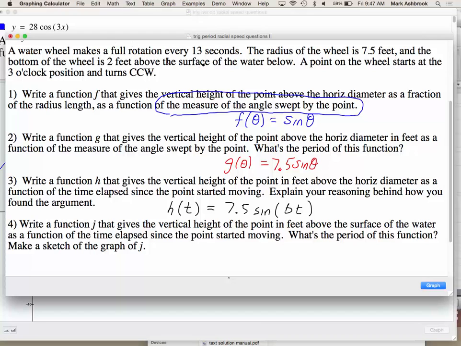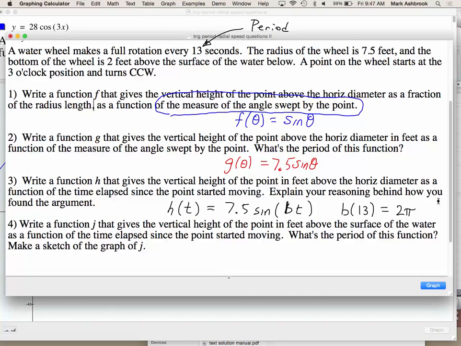And it says a full rotation every 13 seconds. What is it telling us there? A full rotation every 13 seconds. Therefore, 13 seconds is the period. So we need to figure out what this unknown b is so that when t reaches 13, bt reaches 2 pi.